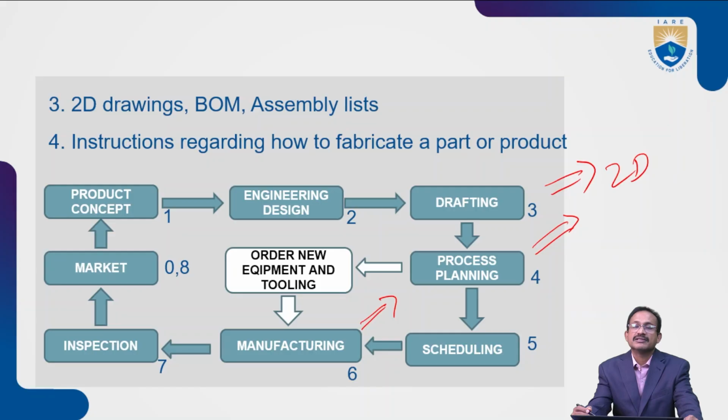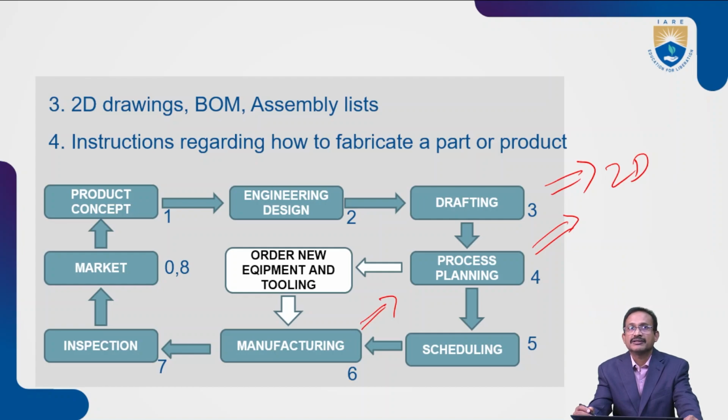This may be the sequence of operations. These many cutting tools required. These many coolants may be required. So this much temperature needs to be maintained. Like that, they will come to one conclusion based on their previous experience. So these people will instruct, based on the previous experience, regarding how to fabricate a part.